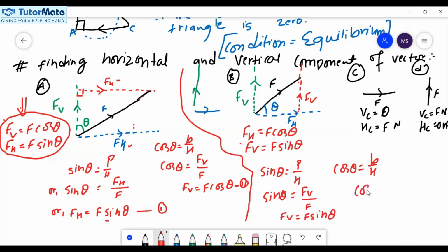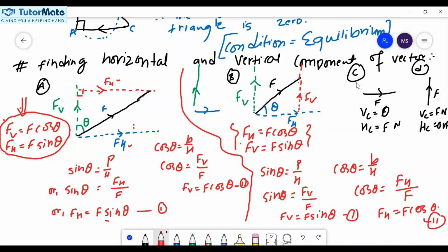Similarly, for cos theta, it is B by H, B is FH by F, and FH is equal to F cos theta. We got the same result here, right? So this is equation first for case B, and this is equation second for case B.